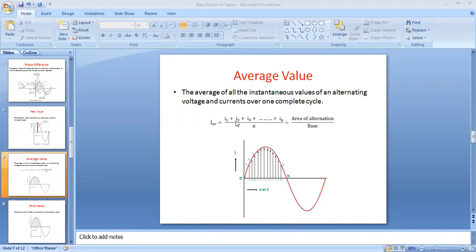That means I1, I2, I3 up to In divided by n number of parts. So here it is given as area of alternation divided by base. After this we will see what is RMS value.